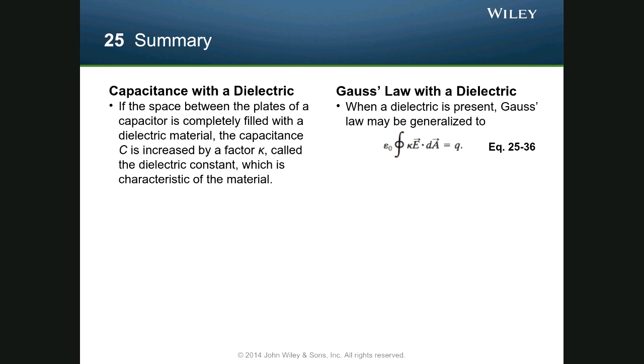Pyrex is 4.7. But water has a dielectric constant of 80.4, titanium ceramic is 130, and strontium titanate is 310. So you can pick materials to really boost the dielectric constant if you choose. The table's on page 731 or 732.